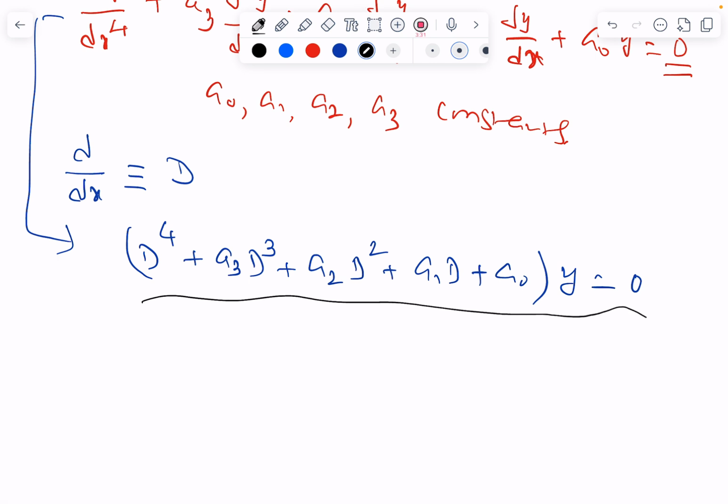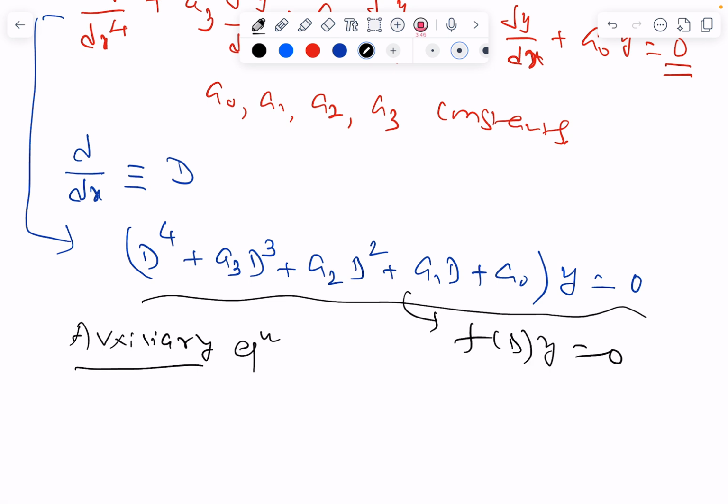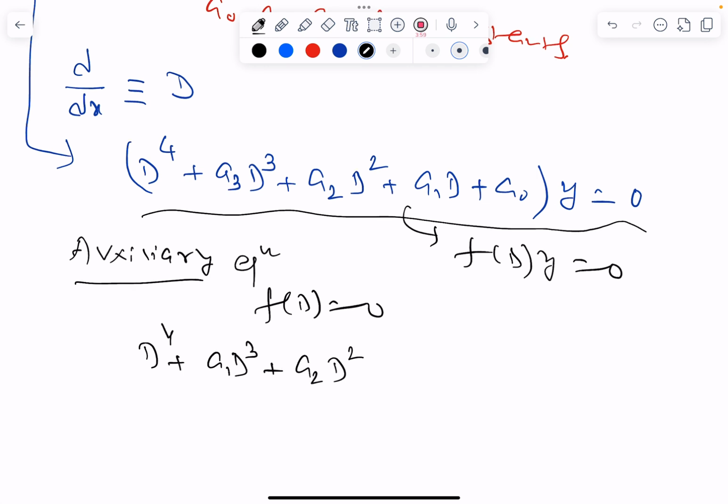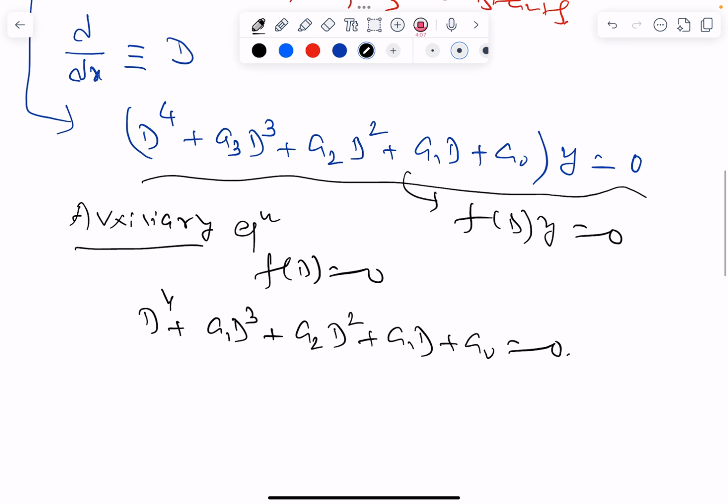So here the idea is you make the auxiliary equation. We also write f(D) y equal to 0, and the auxiliary equation is f(D) equal to 0, or in other words, D4 plus a3 D cube plus a2 D square plus a1 D plus a0 equal to 0.